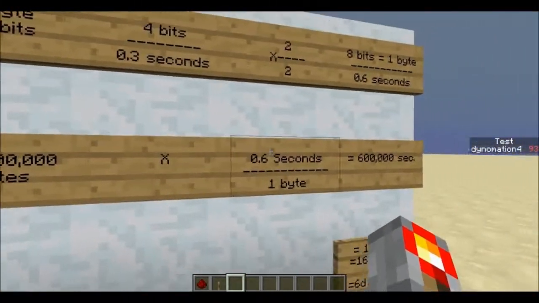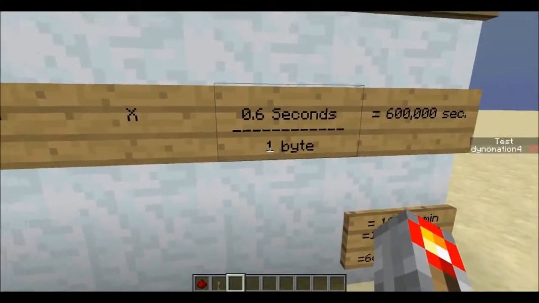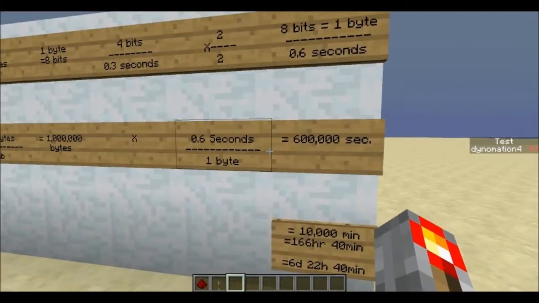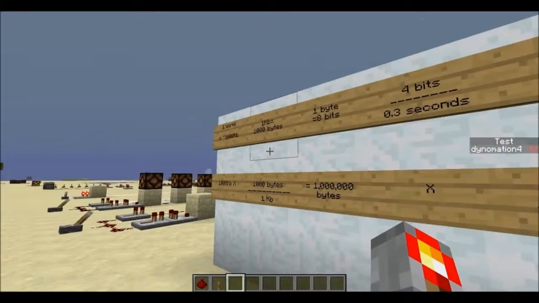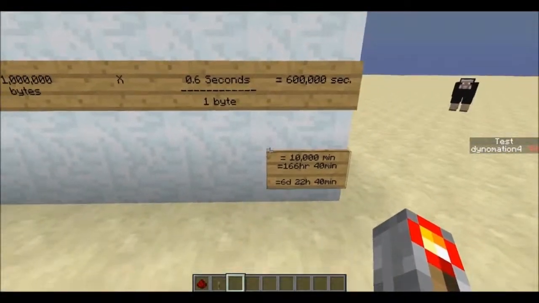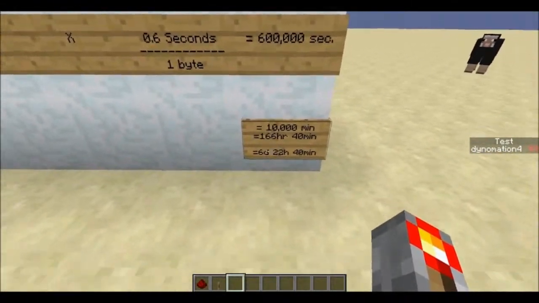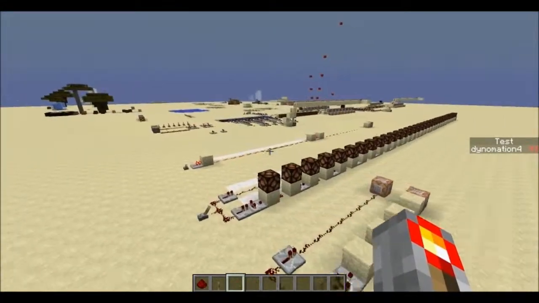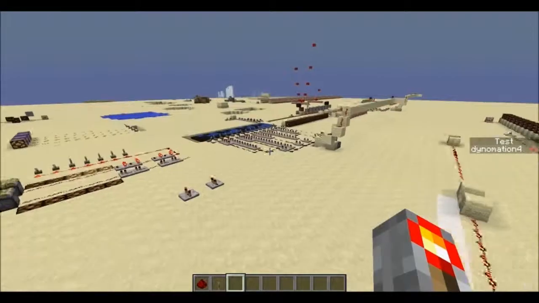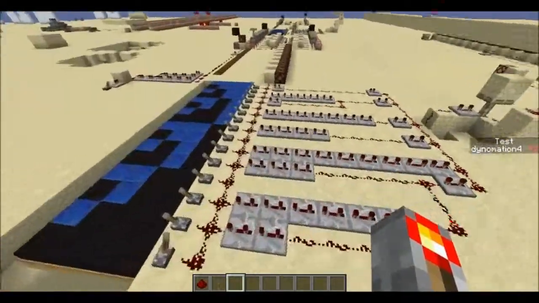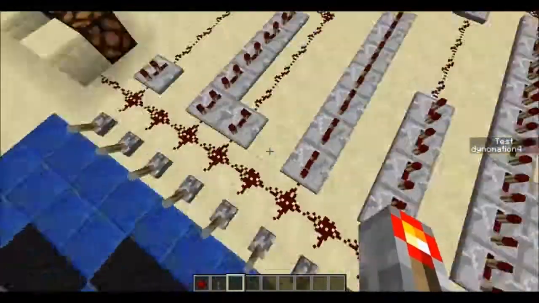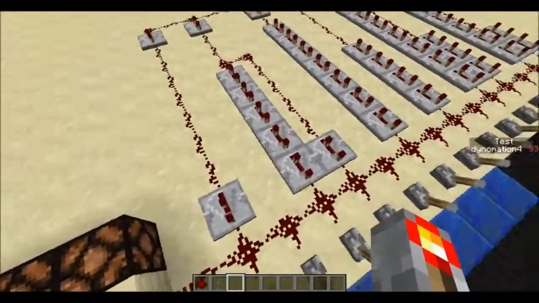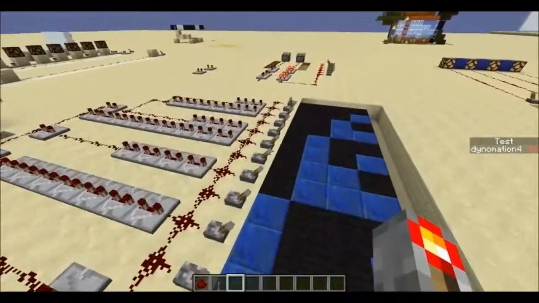So 1,000,000 bytes times 0.6 seconds over 1 gives you 600,000 seconds for a single redstone wire to load this world, which is equal to 10,000 minutes, or 6 days, 22 hours, and 40 minutes for a single redstone wire to load a Minecraft world with a setup like this, where every 0.3 seconds, it sends 4 more bits.